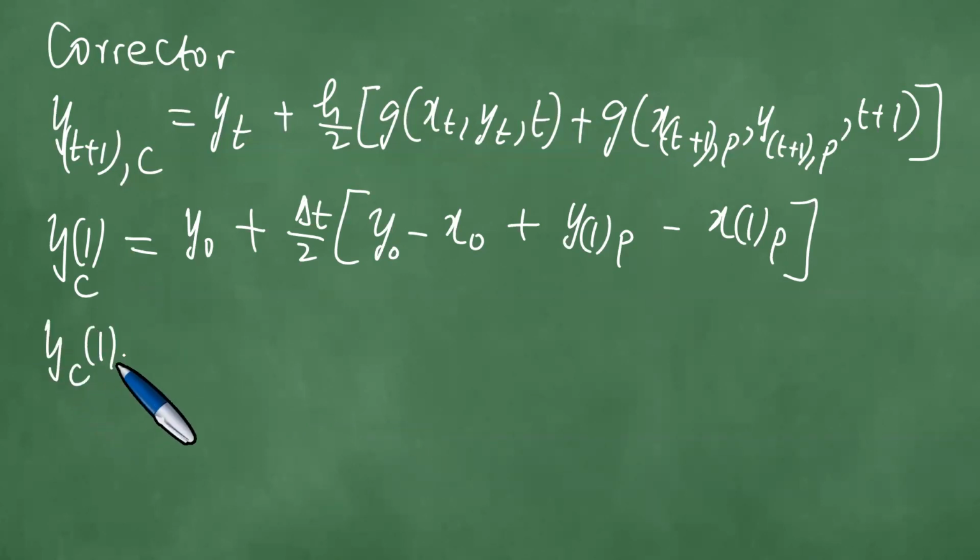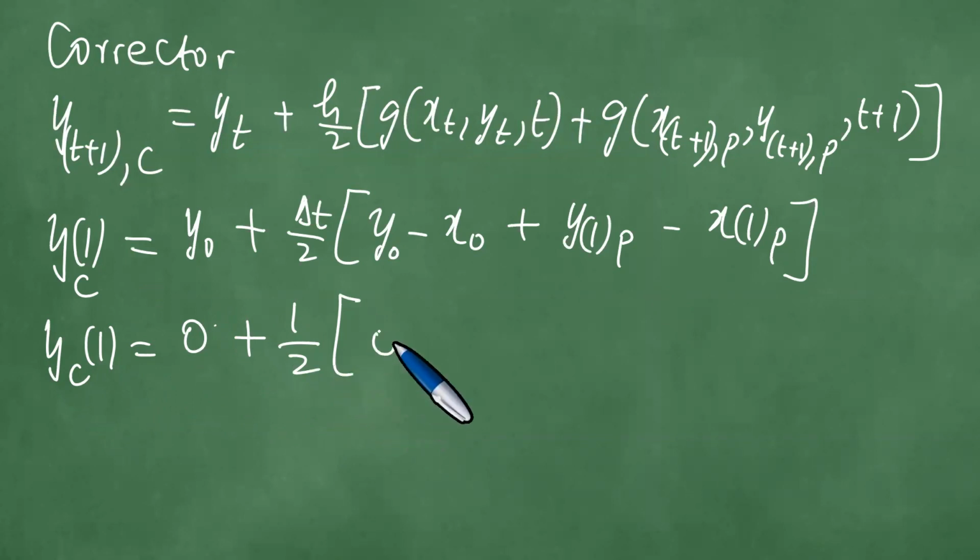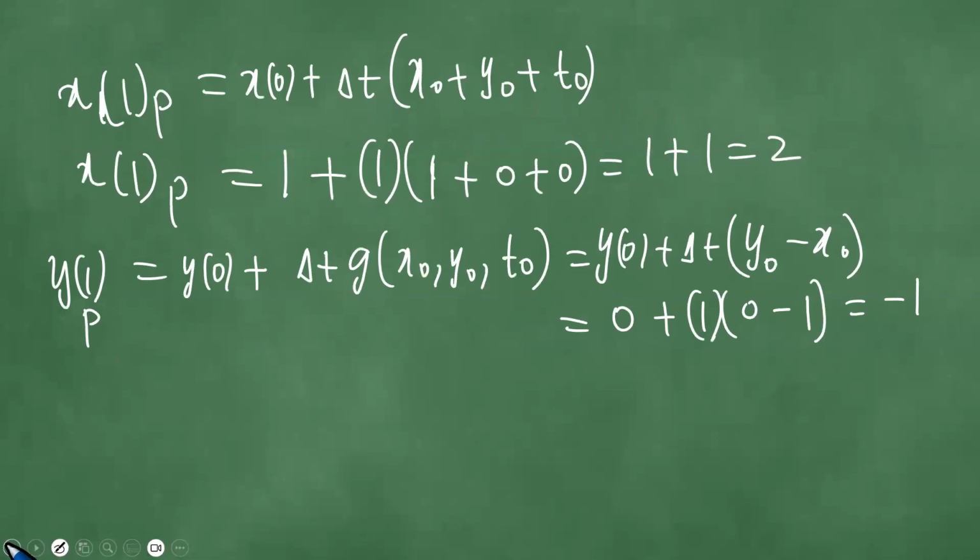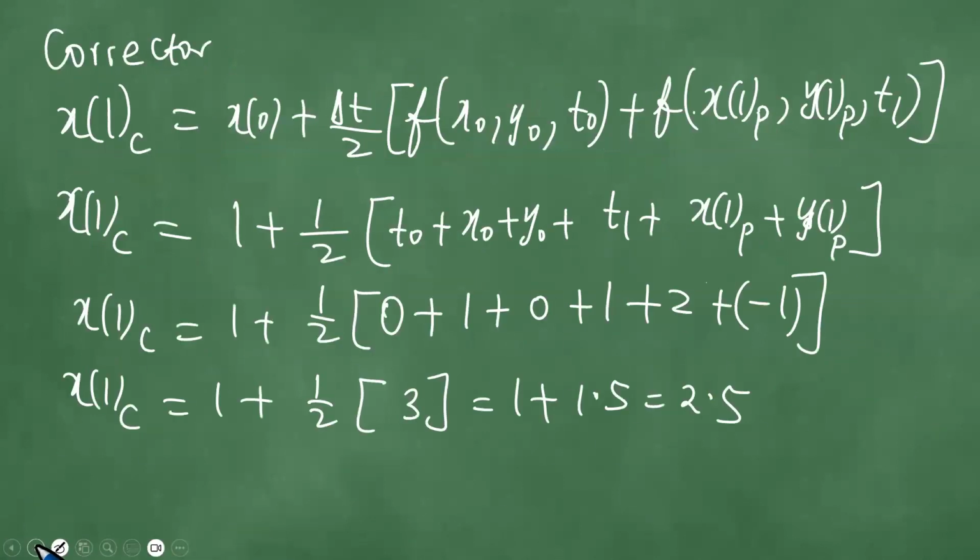So which means y1. What is y0? We saw that y0 is 0. Delta h or delta t, which is h, is 1. Y0 is 0 in the question. X0 is 1. Y1 predictor is minus 1.